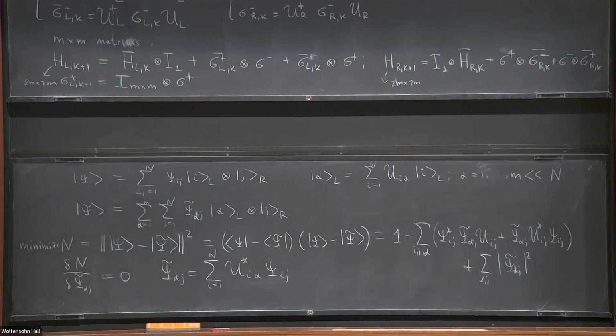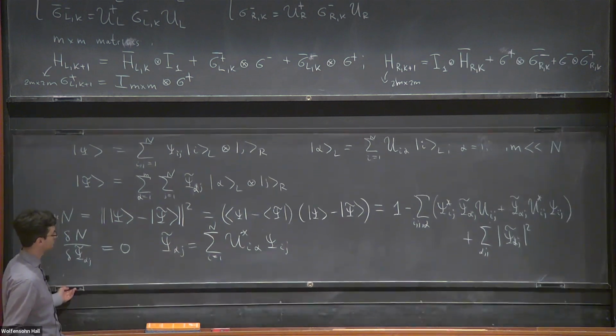And now, okay, it has to be stationary for the psi tildes. So if we put it, we get now this equation for psi tilde. Now we can put it back in this norm.